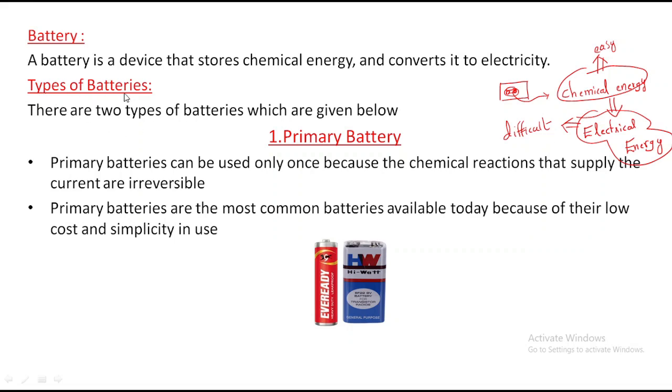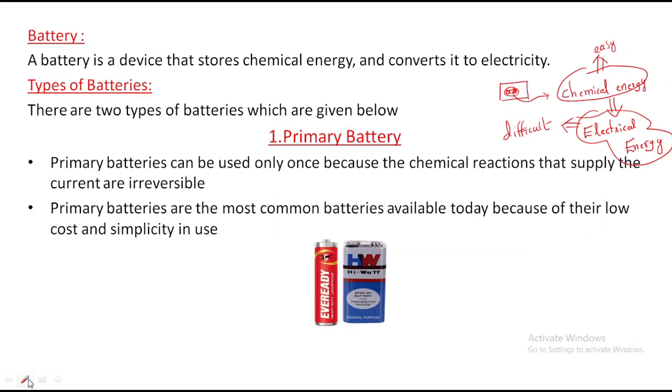Here we will discuss two types of batteries. The first is the primary battery. Primary batteries can be used only once because the chemical reactions that supply the current are irreversible.